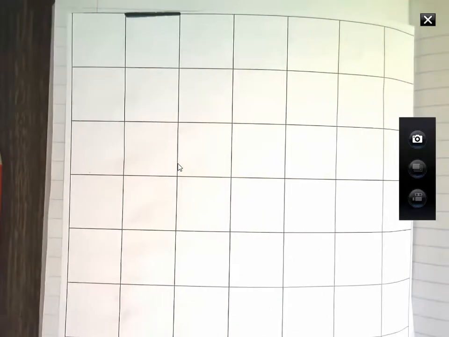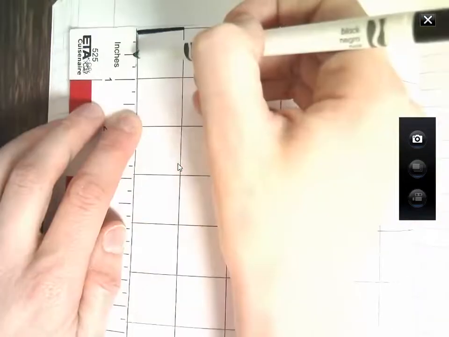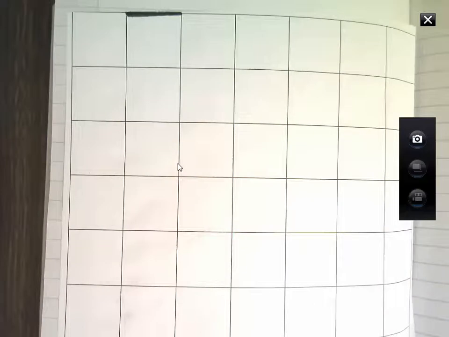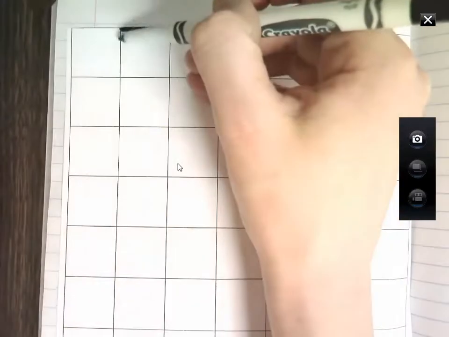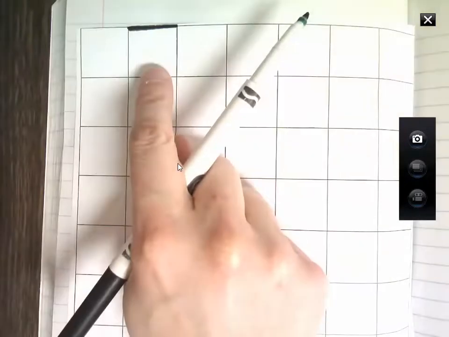Now, if you think back to the ruler we used yesterday, there's no thirds here. I see a 1/2, I see 1/4, I see 3/4, but I don't see a 1/3 anywhere. So we're going to have to figure out where 1/3 of an inch would be. To help us do that, we need to use our pencil to break this grid into thirds.